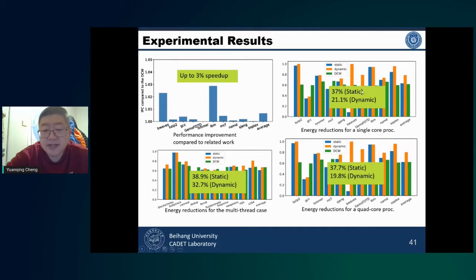For the write energy, we can reduce 37% for the static profiling scheme and 21% for the dynamic profiling scheme compared to our baseline case. And we also evaluate the effectiveness of our scheme on multi-thread cases and on quad-core or multi-core processor cases.